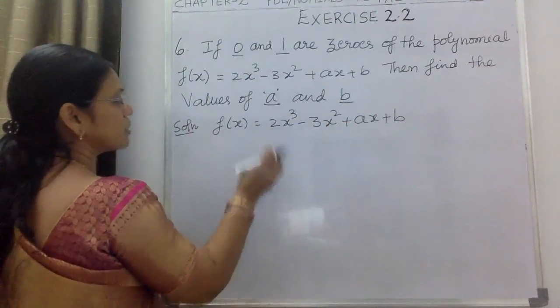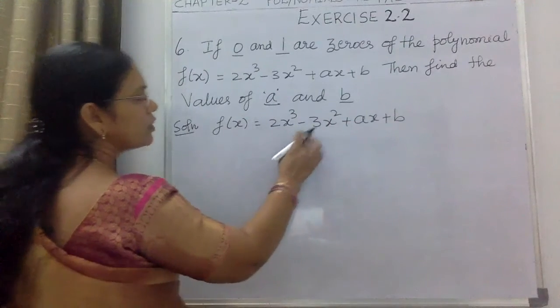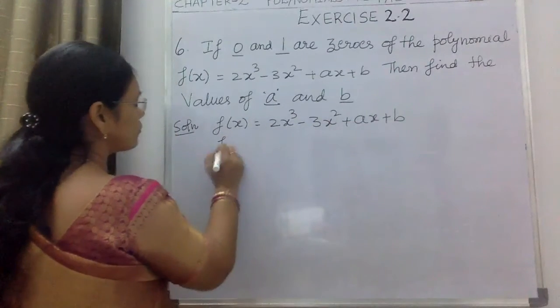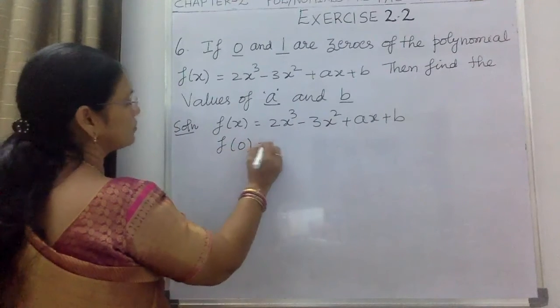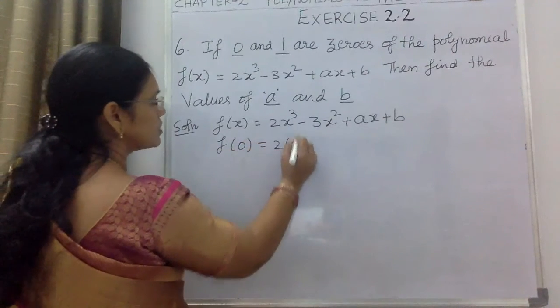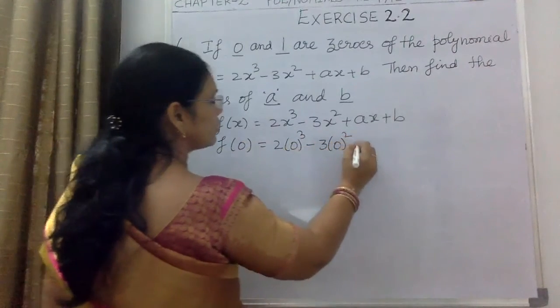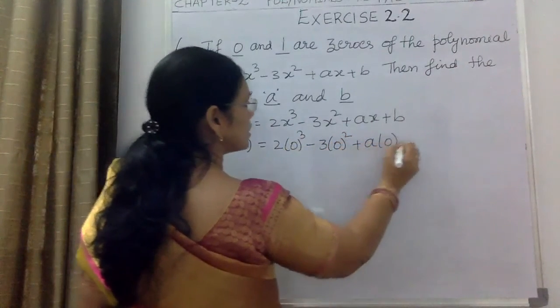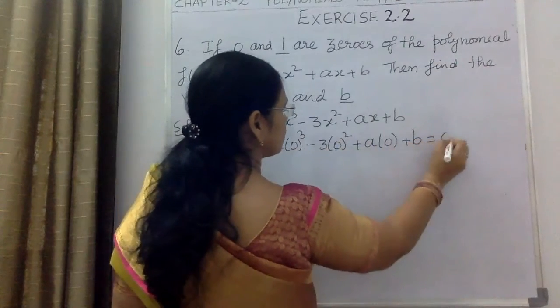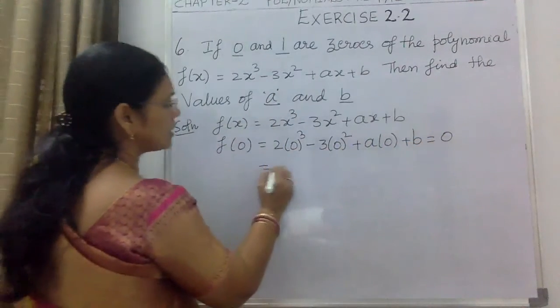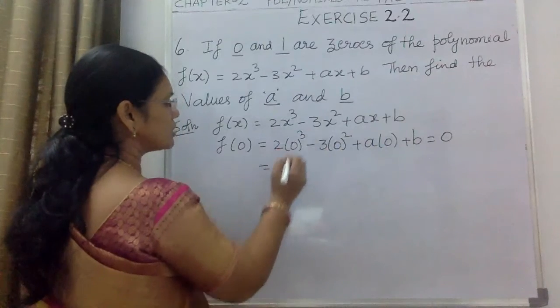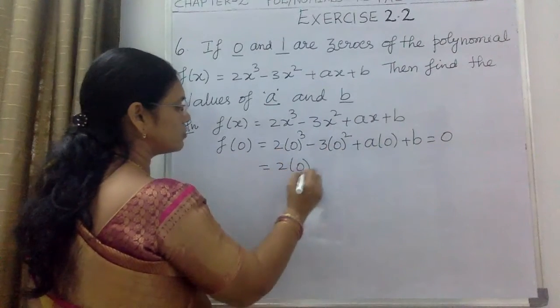So, the first zero of the polynomial is 0 only. That means if you substitute 0 in place of x, we are going to get 0. So, f of 0 will become 0. 2 into 0 cube minus 3 into 0 square plus a into 0 plus b is equal to 0. 2 into 0 cube will become 0.